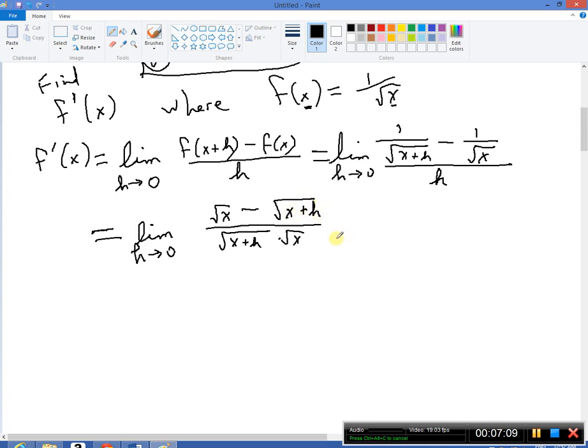Well, this isn't a whole lot better, and in fact I've still got a 0 over 0 as h gets small. Oh no, I'm sorry, I left out the bottom part. This h, how do I deal with that? Well, this is an h over 1, so I could flip this bottom over and multiply by it, which means that I've got a 1 over h, so all that's going to do is put an h down here on the bottom.